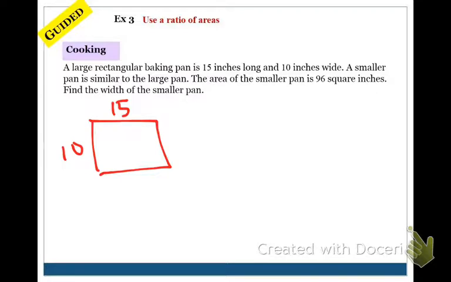We draw our smaller pan, and its area is 96 inches squared. Find the width of the smaller pan, which is x.